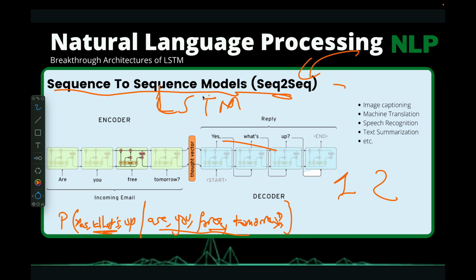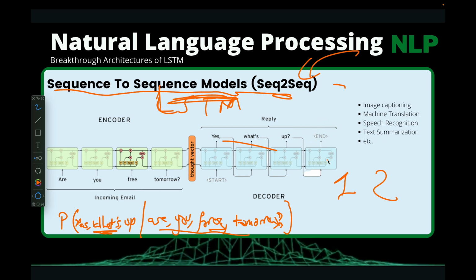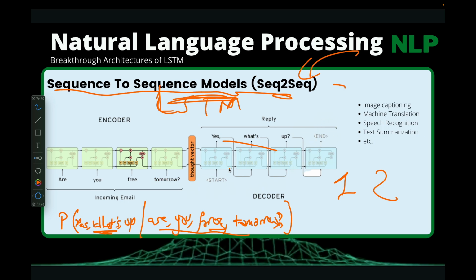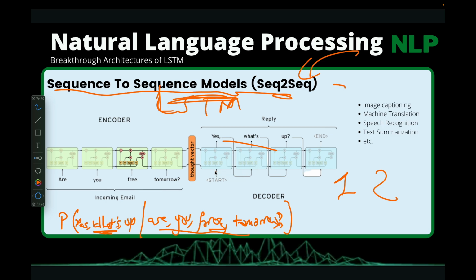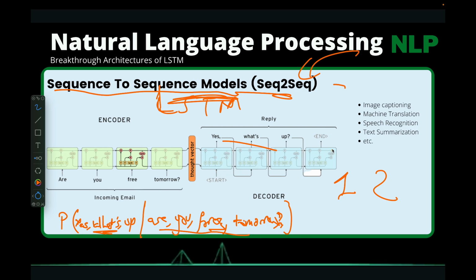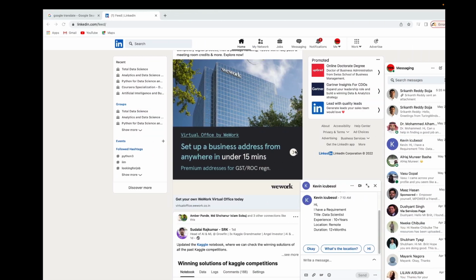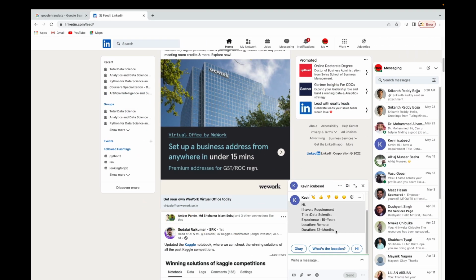For instance, this one has a problem with accuracy when the sentences are very long. It has a problem with getting accurate translations or results. This is just a short sentence over here, but if the sentence is very, very long, it's going to find it difficult to predict the exact reply that is supposed to come here.